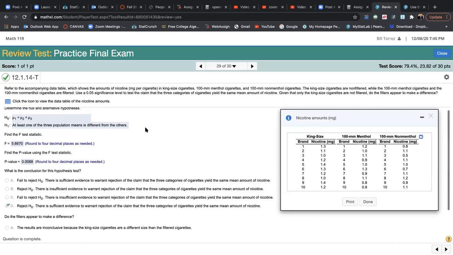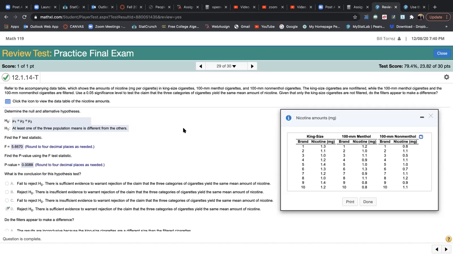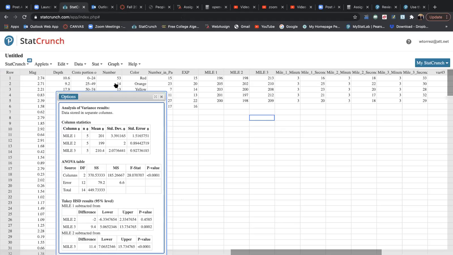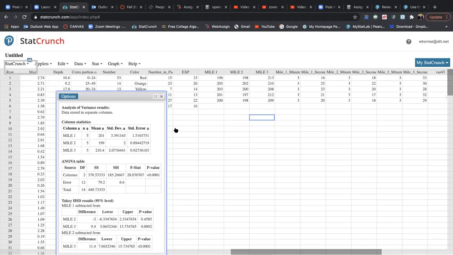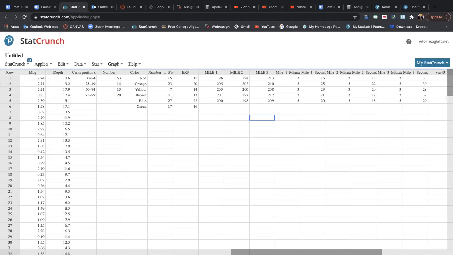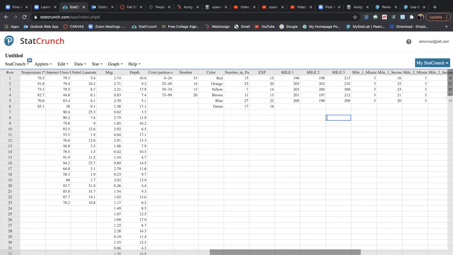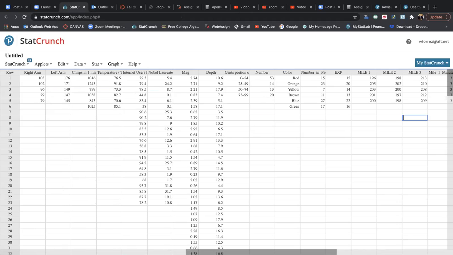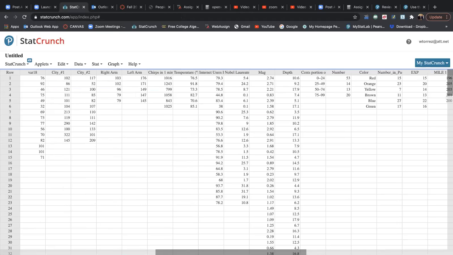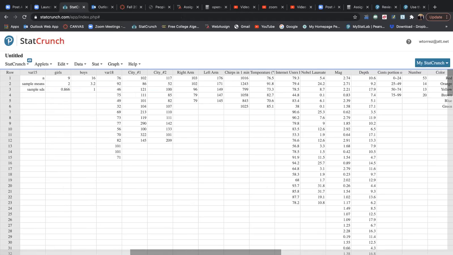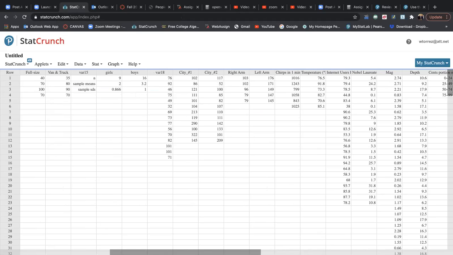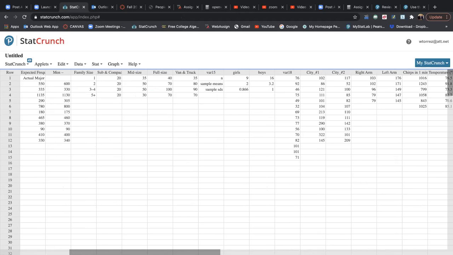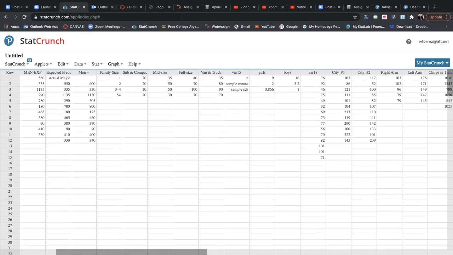Let me check and see if the data is already there. If it's not, we'll just copy and paste it in. I don't see it, so let's just copy it in.